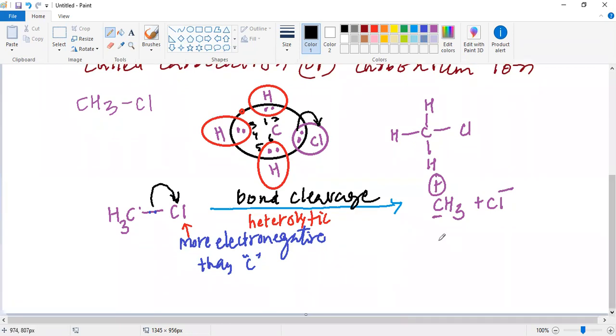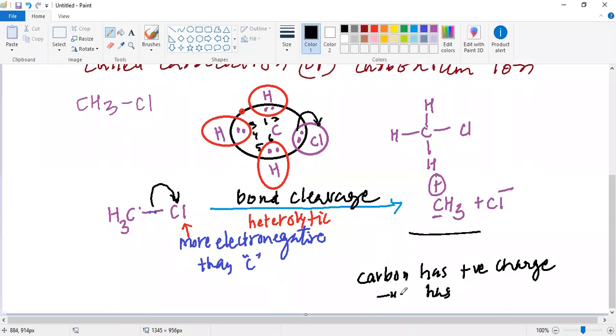So we can see that in this species, carbon has a positive charge, and carbon has 6 electrons. And that is why, my dear students, we call this species a carbocation, or we even call it carbonium ion.